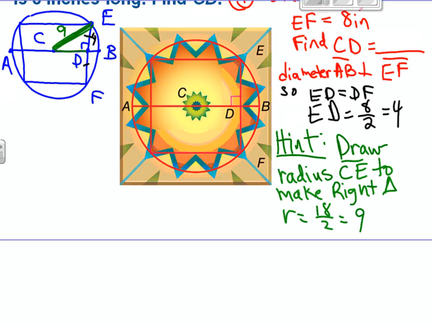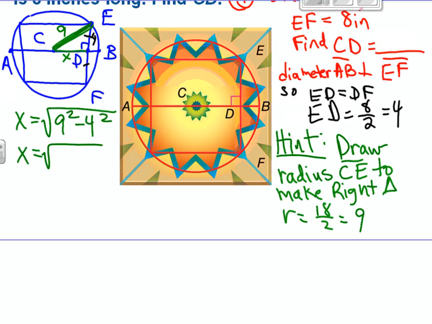CD is what I'm trying to figure out. I'll call it X. And then I'm going to use the Pythagorean theorem to find that. The Pythagorean theorem says a squared plus b squared equals c squared. X is like a or b, so x is the square root of 9 squared minus 4 squared, square root of 81 minus 16, square root of 65.